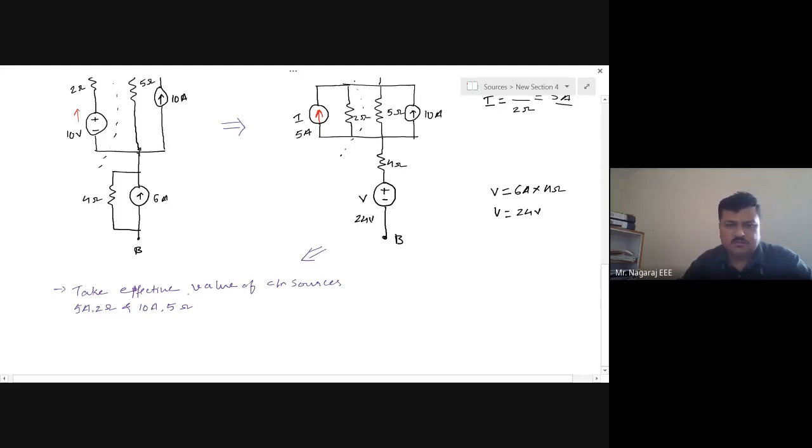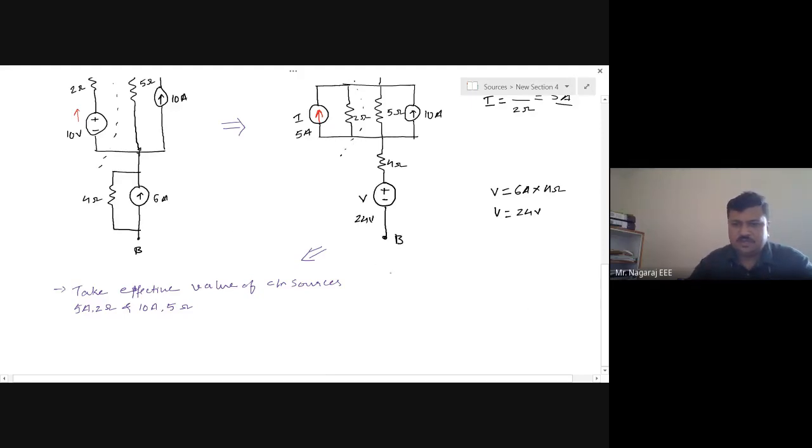So now taking the effective value of current sources 5 amp 2 ohms and 10 amp 5 ohms is simply, I have to add or subtract the value of currents depending upon the direction and take the effective value of resistances. That's it.